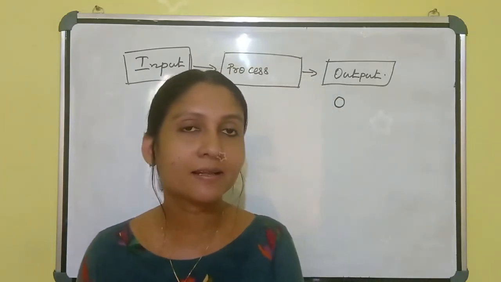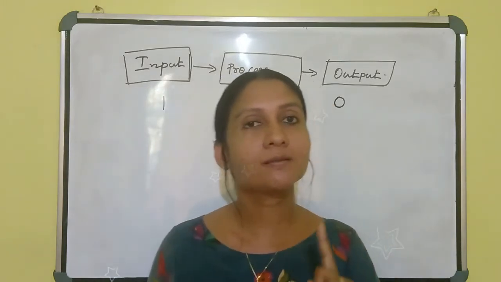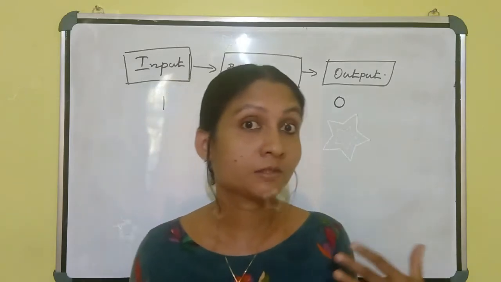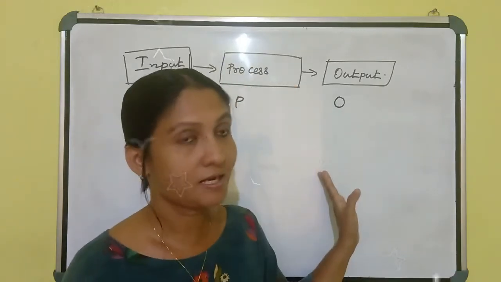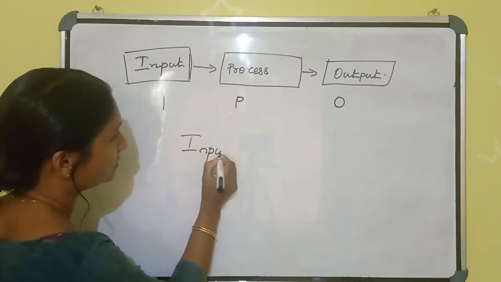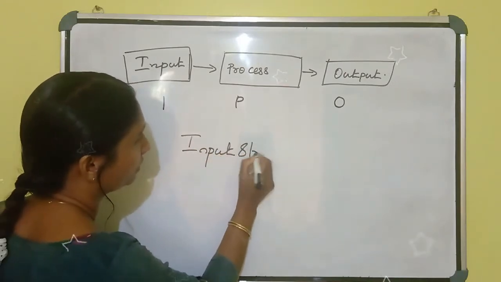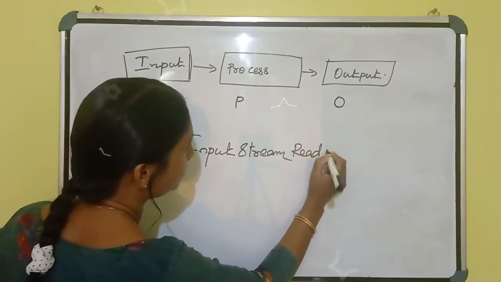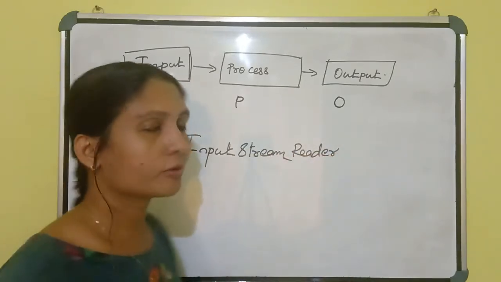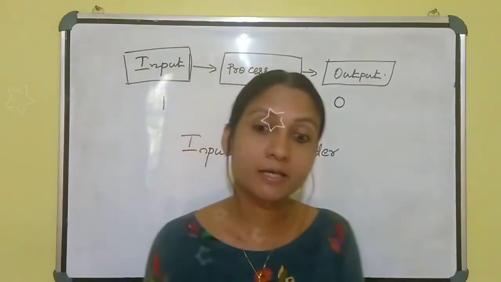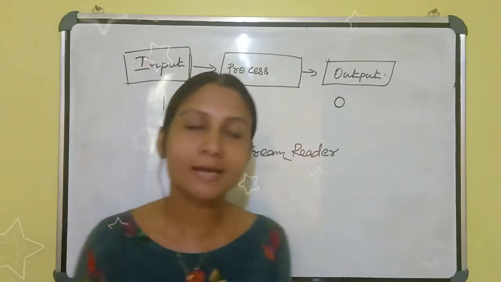Directly we can read the data from the user using the InputStreamReader class, and we have a lot of functions available in this class. Any data you can read directly from the user, and then convert it into the type you need.